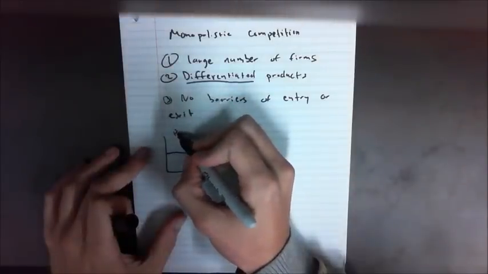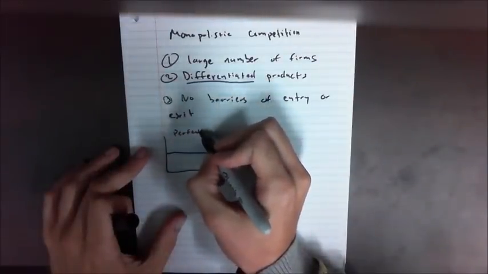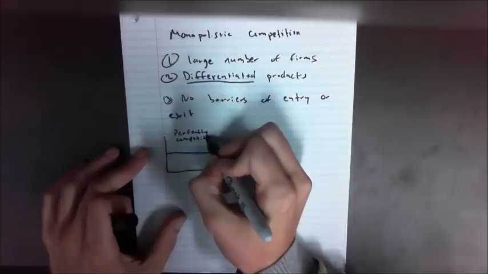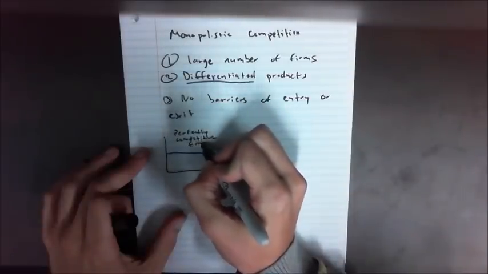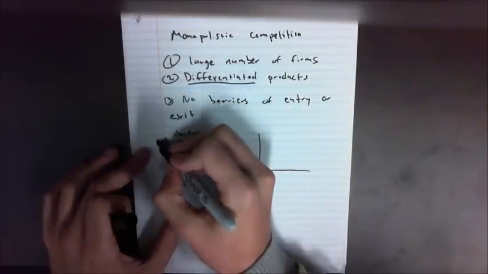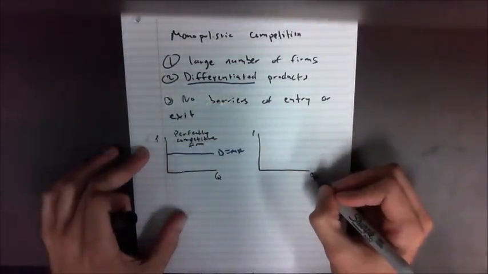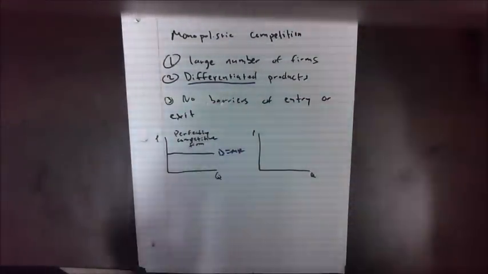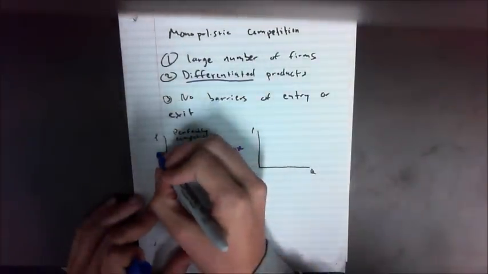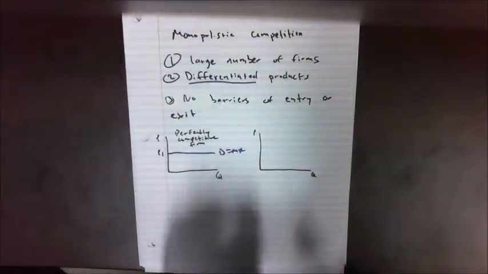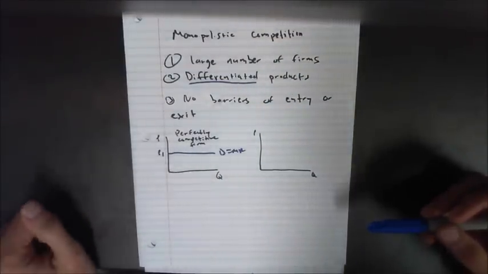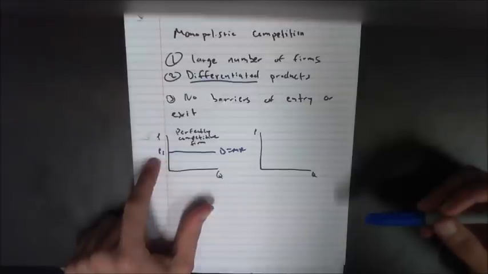This is a perfectly competitive firm. If they try to increase their price by 1 penny, their quantity demanded goes to 0. At this price, they could sell however much they like. If they sell one additional unit, what's the additional revenue they bring in? Well, it's just equal to the price.